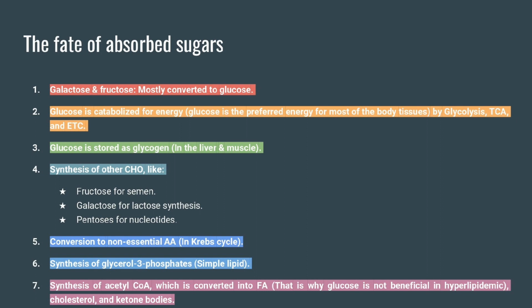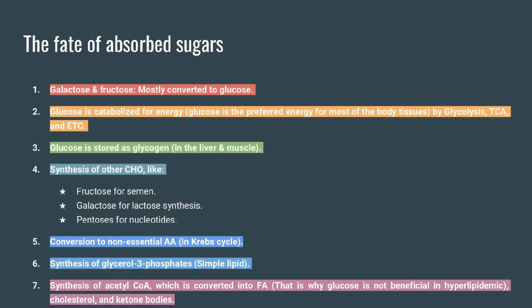We use glucose also, or other monosaccharides, to synthesize other carbohydrates, like fructose for semen, galactose for lactose synthesis, pentoses for nucleotides. We use glucose also and other molecules to produce non-essential amino acids, and these non-essential amino acids are produced in the Krebs cycle.